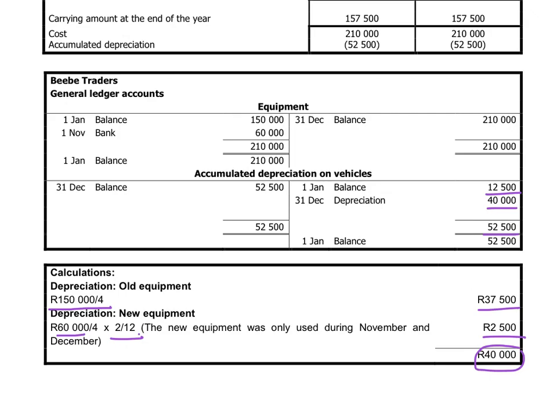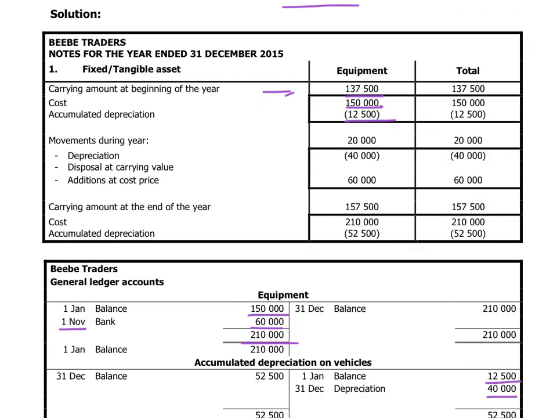In the equipment account, we started with a balance of 150,000. On the 1st of November, we bought additional equipment for 60,000. So my equipment increased in the current year to 210,000. In the note, I will show that depreciation is written off as 40,000.